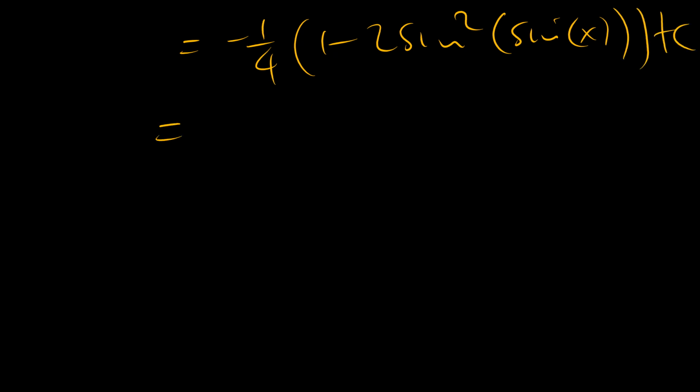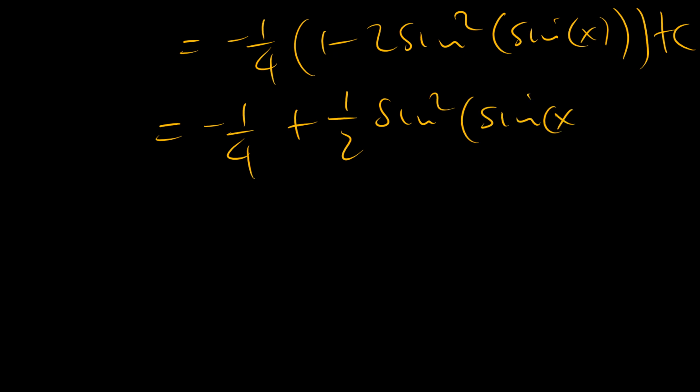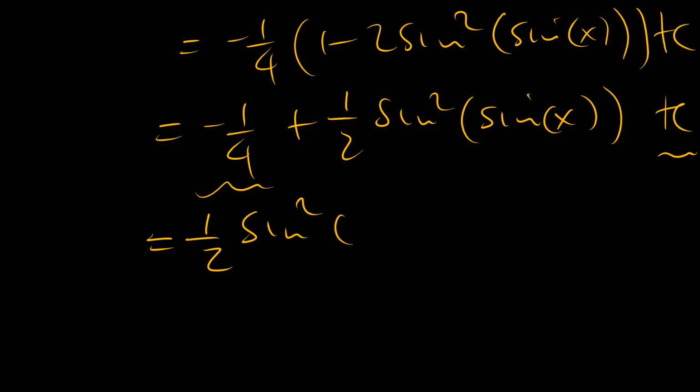This equals negative a quarter plus, 2 times a quarter becomes, a half sine squared of sine x plus c. This constant and that constant combine to give a new arbitrary constant, so we have a half sine squared of sine x plus a new arbitrary constant.